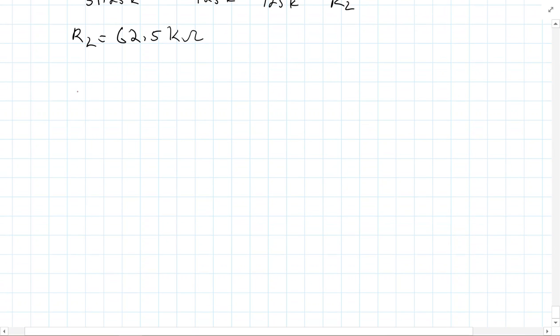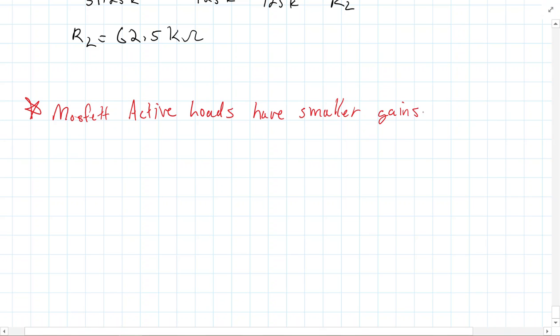So this is the star I want to put out here: MOSFET active loads have much smaller gains than bipolar transistors. There's only one T in MOSFET. Or it's MOSFETs, that's what I was trying to say.